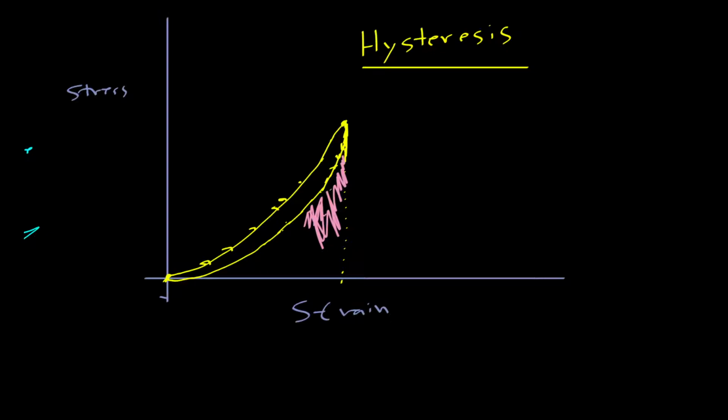Notice how I'm shading under the bottom curve. This is the amount of energy returned. So you can probably see how the difference between those, meaning the area between these two curves, this little slice, is the energy lost. Technically it's the energy lost to hysteresis.